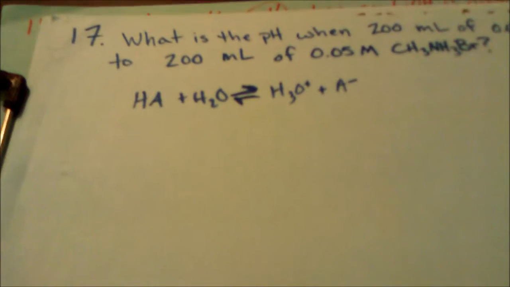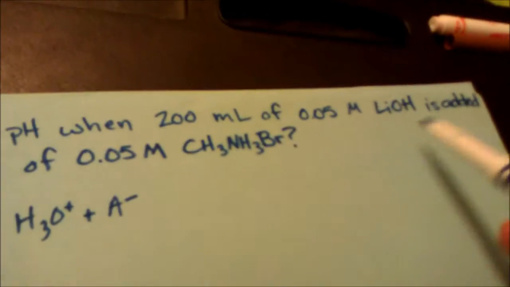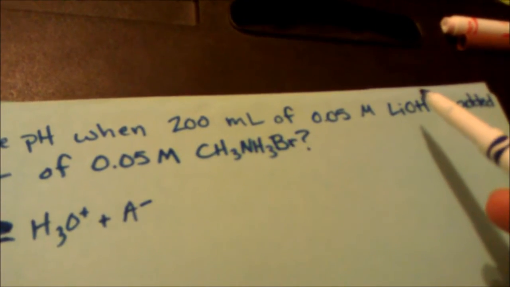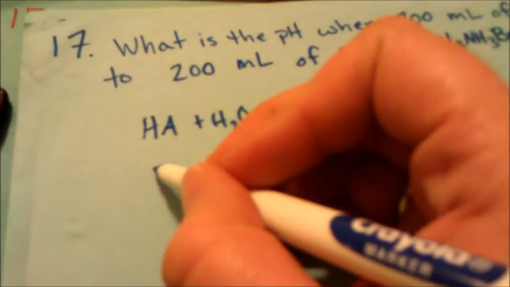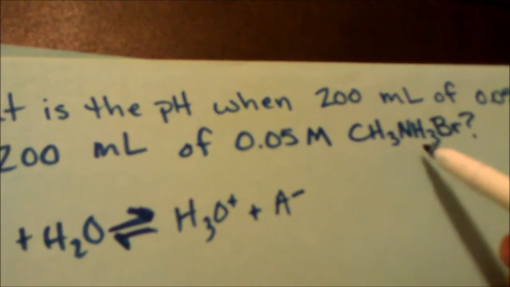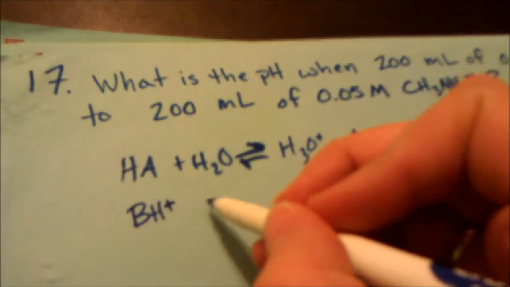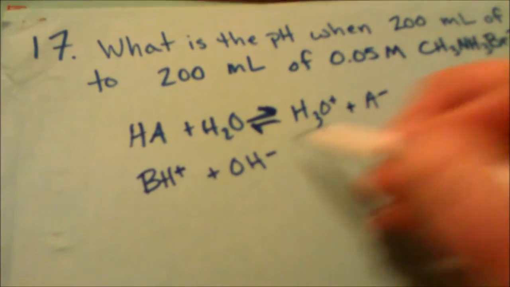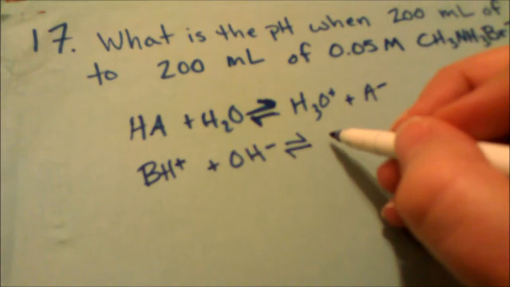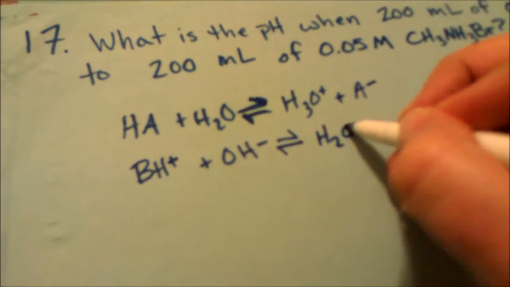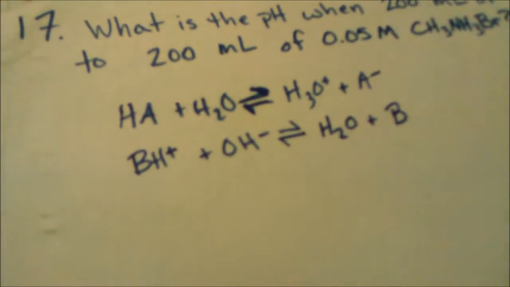What we're going to use instead will be one where we have a hydroxide come into play so that we can include this LiOH in our problem, which means we're going to be looking instead at our BH plus, as discussed in problem 15, BH plus and hydroxide in equilibrium with water and our conjugate base.